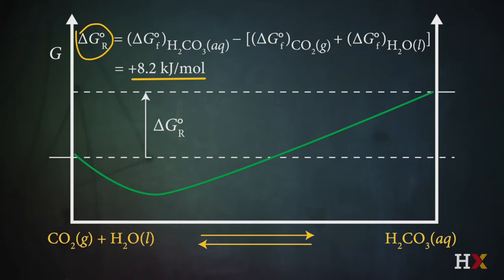Therefore, with a positive delta G for the reaction, the equilibrium lies strongly to the left, and only a small amount of CO2 in the gas phase is converted to carbonic acid in the aqueous phase. And that's what drives the carbon chemistry of the oceans, the fundamental relationship made clear by consideration of Gibbs free energy.